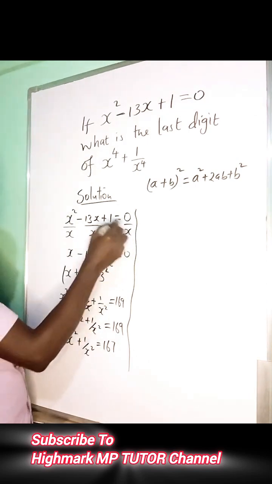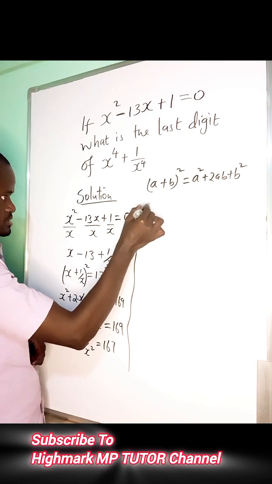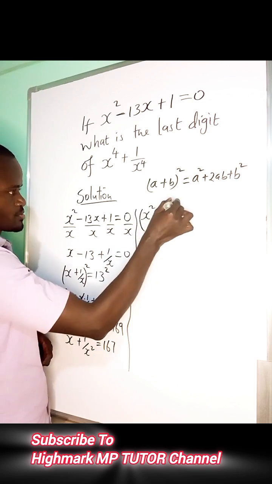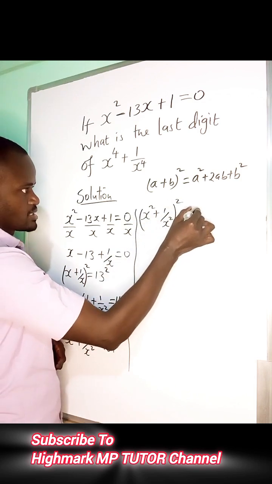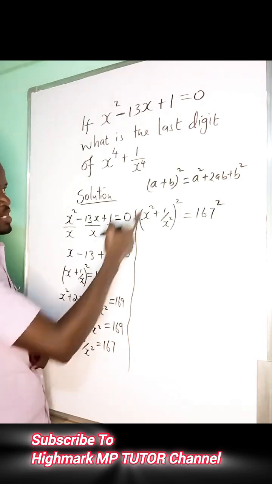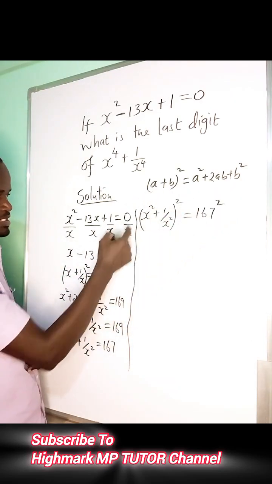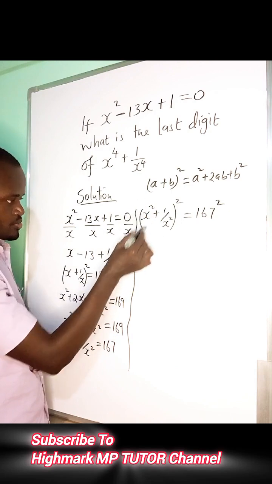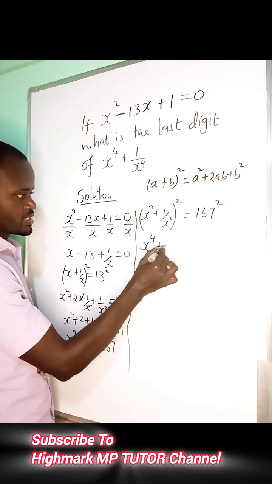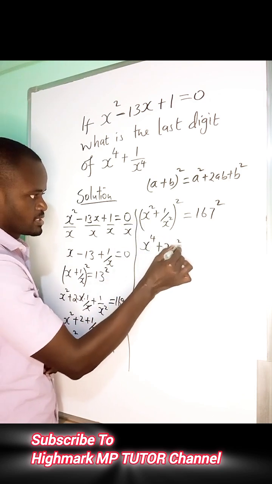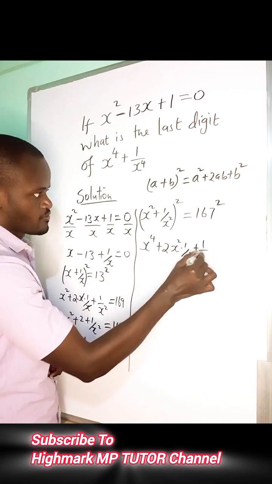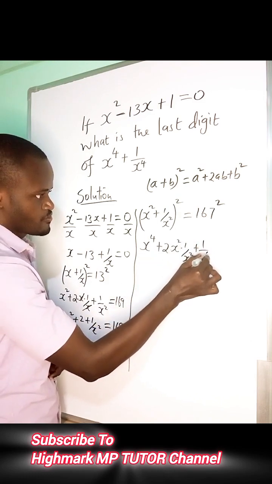On the left hand side, again, we can square x squared plus 1 over x squared. So we square the left hand side and the right hand side squared. So applying the same identity, this now becomes x squared squared, that is x power 4, plus twice ab, that is 2 times x squared, times 1 over x squared, and then plus 1 over x squared squared is 1 over x power 4.